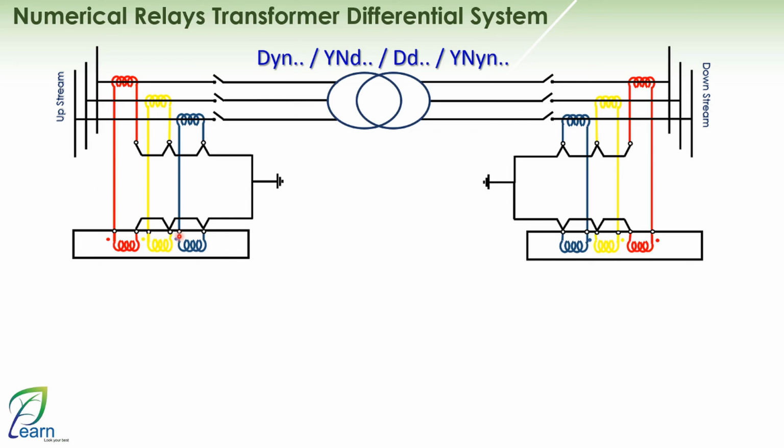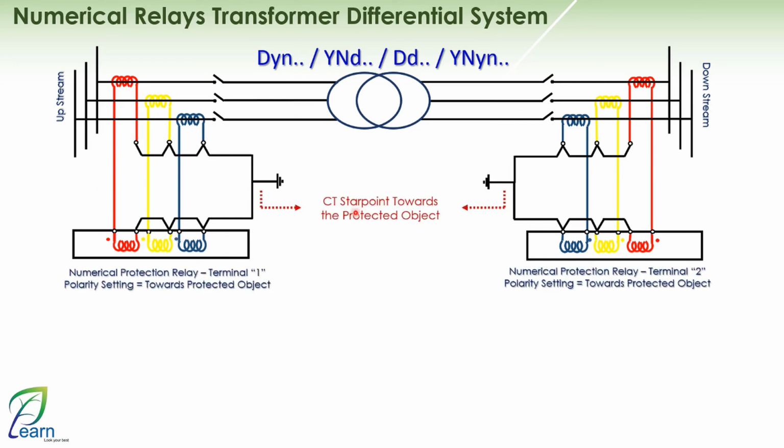Therefore, in this case, as we briefly mentioned, your star point is towards the protected object, and the external terminals are connected to the dot point of the relay, meaning the polarity setting is towards the protected object. You can refer back to the lecture that will appear for you now, where we discussed in detail the concept of connecting the current transformer to the protection relays, or the numerical protection relays.